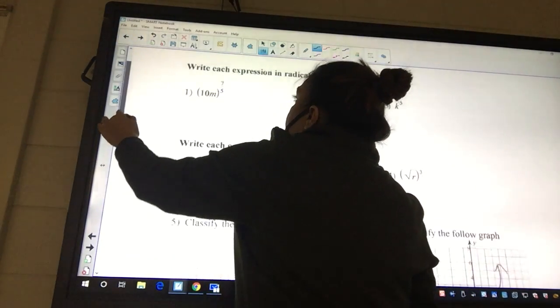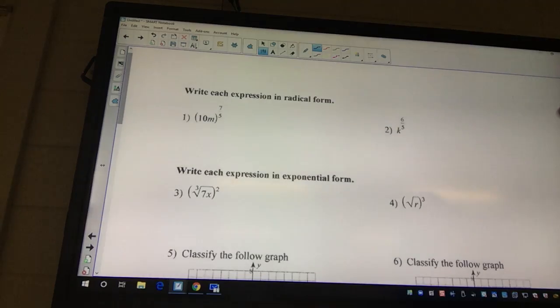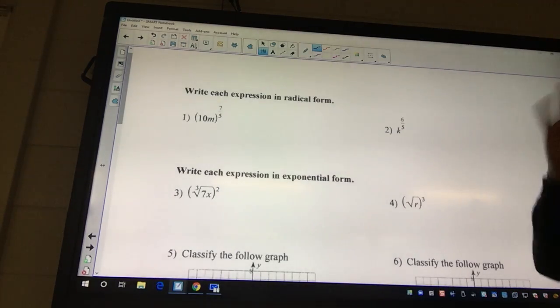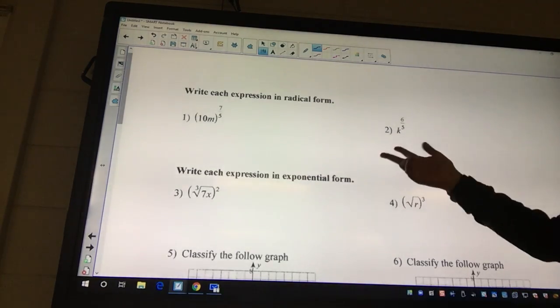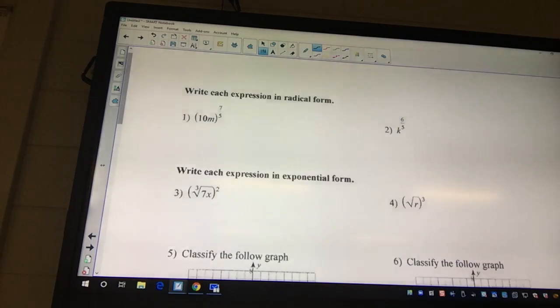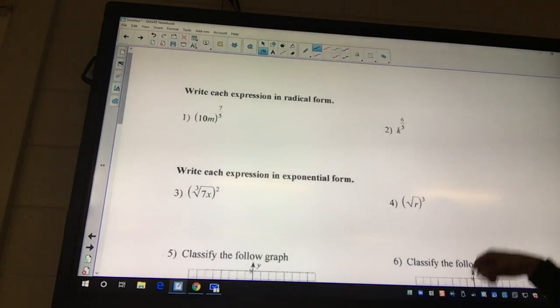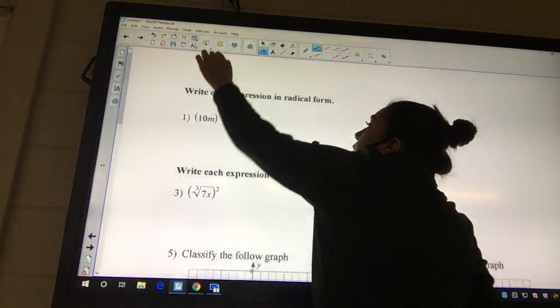Okay, the last page is, so what form is this in? This is the trickiest part. Is this exponential or radical form? Does it look like it has an exponent or does it have a radical? Okay, this is a radical.